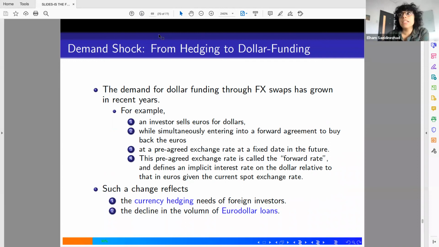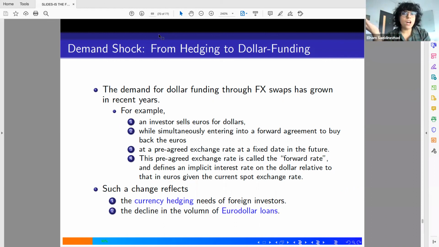In the past, they were there because they wanted to hedge their foreign exchange exposures. Now they are there because they want to have access to dollar funding. And as we said earlier, if you look at the hierarchical structure of the international monetary system, this means that the cost of access to dollar funding is going to increase, for a few reasons.